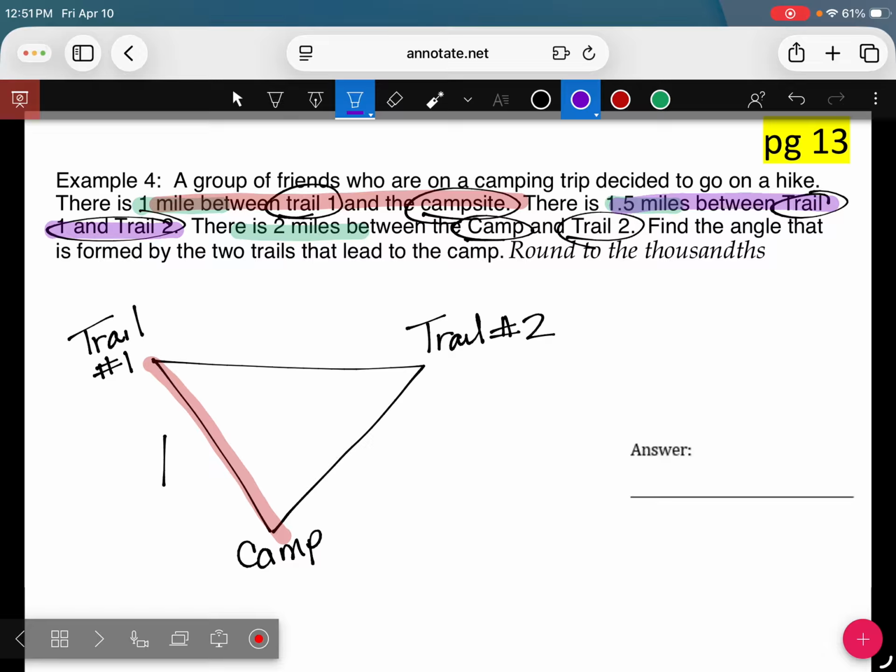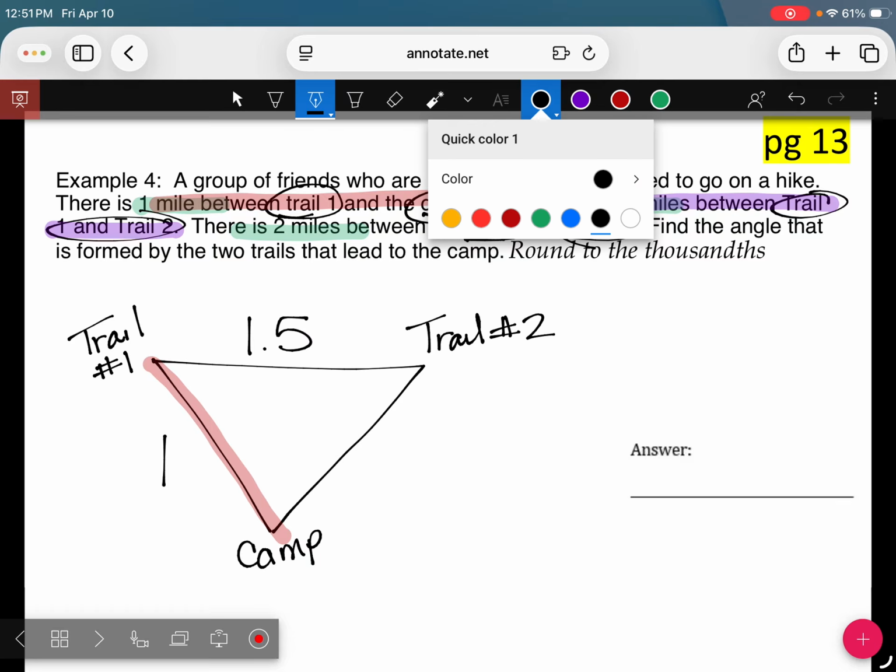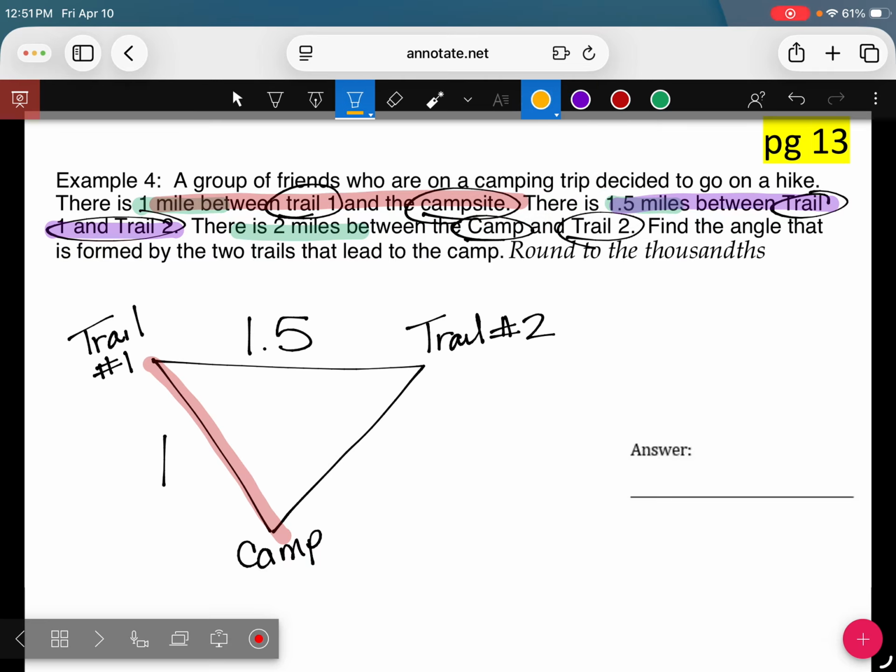So I'm putting 1.5 there. And then lastly, we have 2 miles between the camp and trail 2.